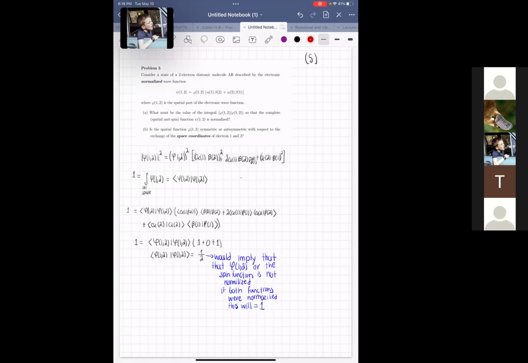So they basically wanted you to find the normalization, basically the normalization constant.